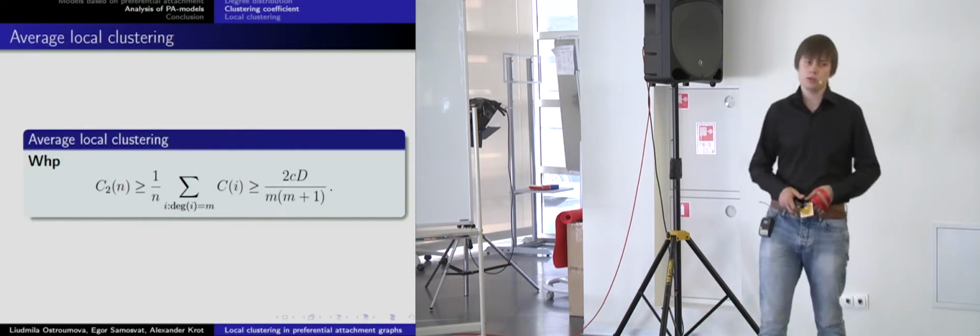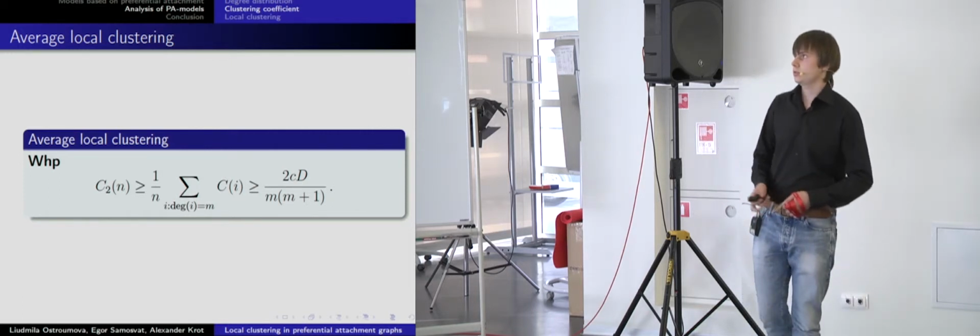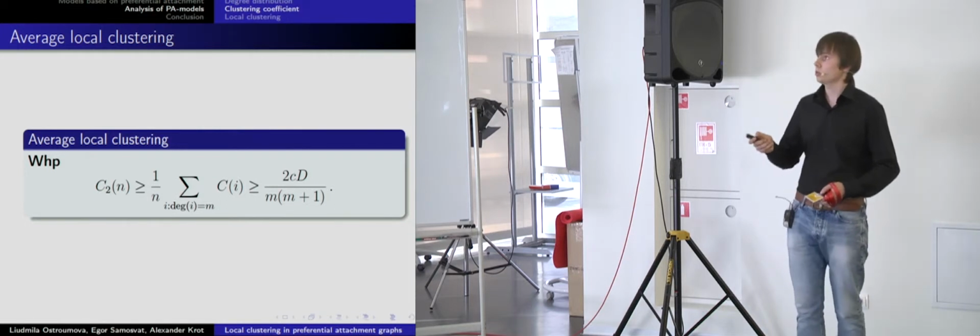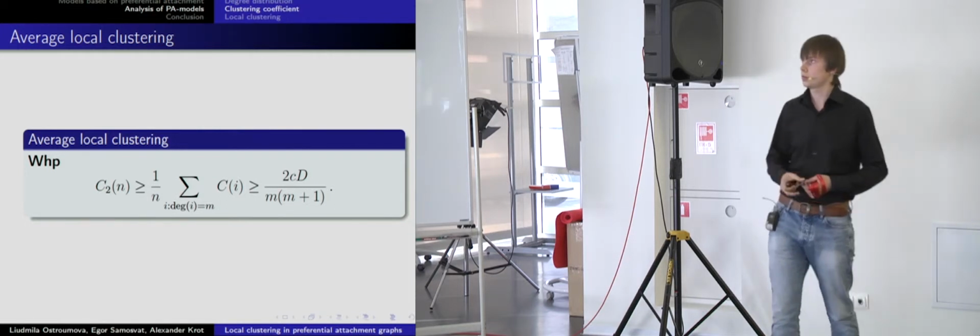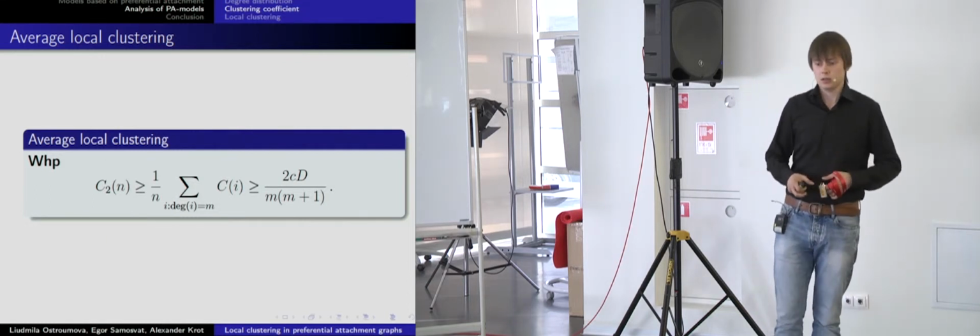Now, what about the average local clustering coefficient? It's quite clear that we have some bound on this characteristic, because at each step we add a new vertex.